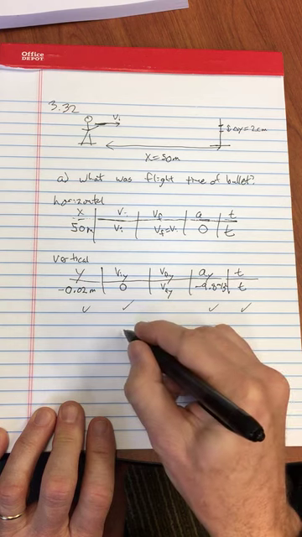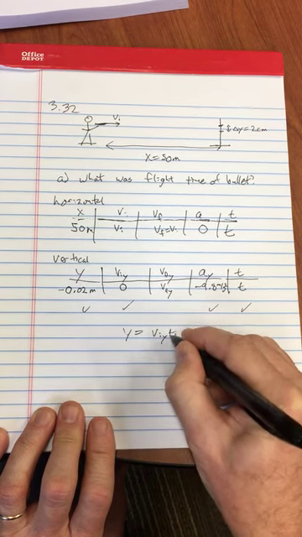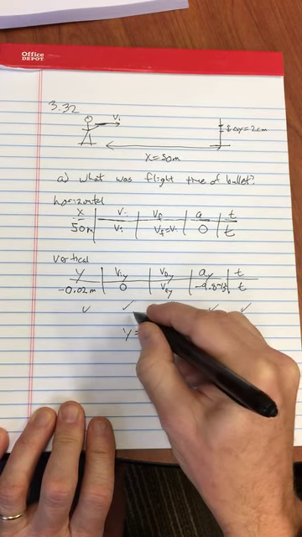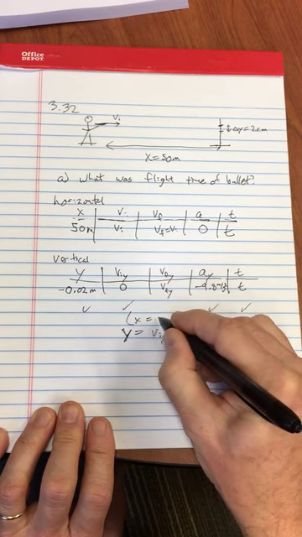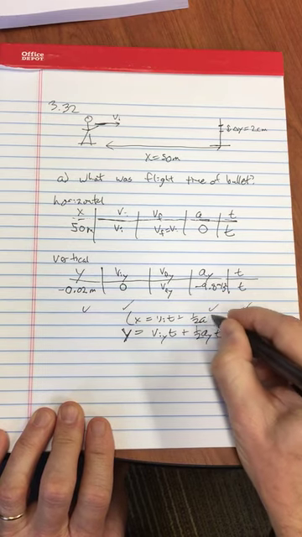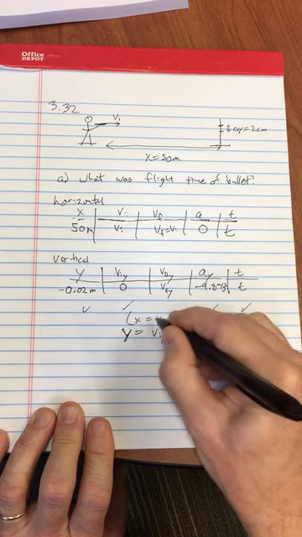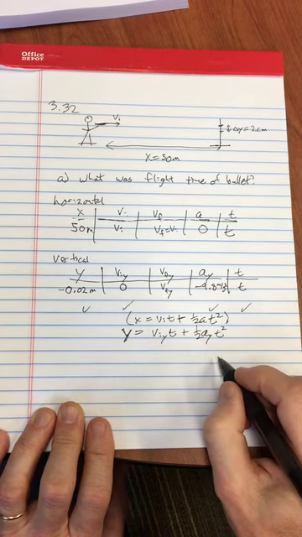And that equation is y equals v_iy t plus 1/2 a_y t squared. In your book, it'll be written for horizontal motion, which is just x equals v_i t plus 1/2 a t squared. So we're just writing that for the vertical component.